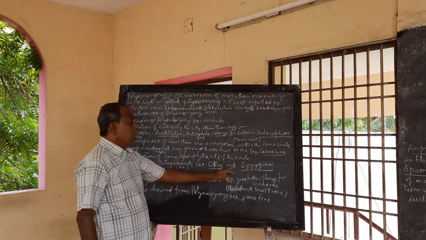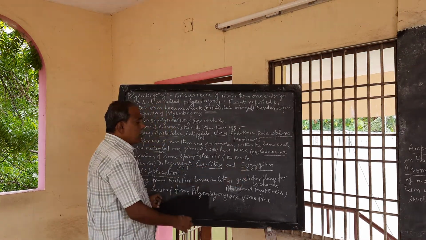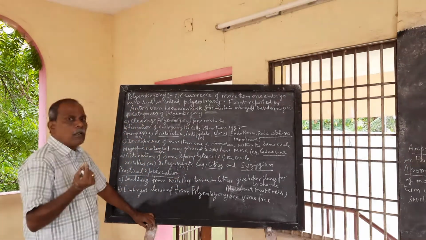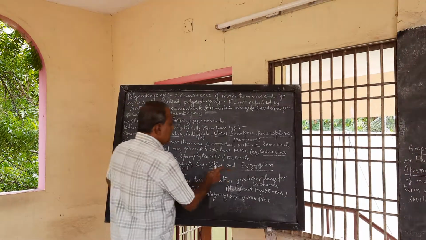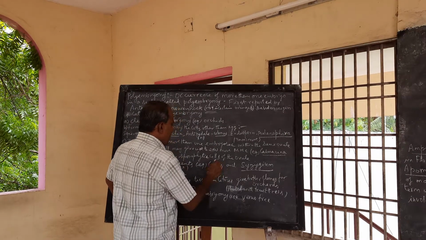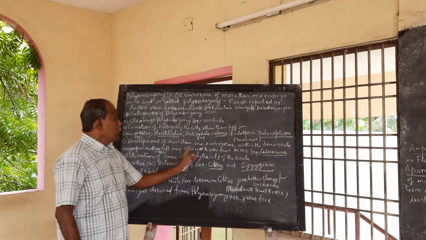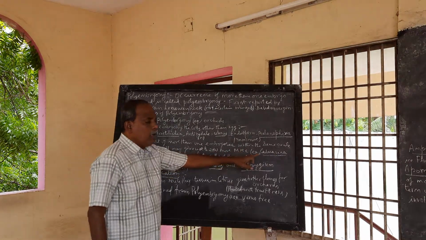Examples: citrus, Syzygium. Citrus, you know very well: lime, lemon. And Casuarina for development of more than one embryo sac within the same ovule.